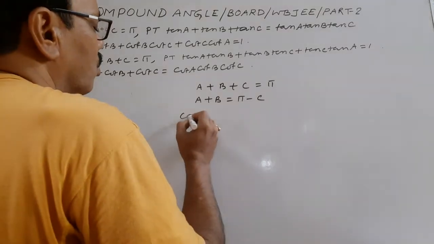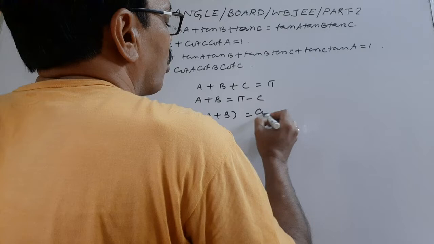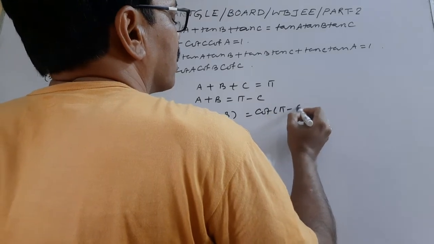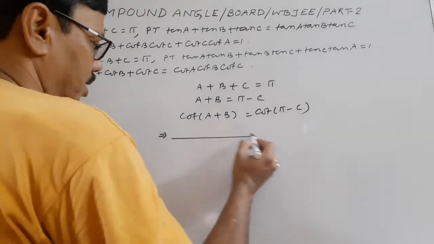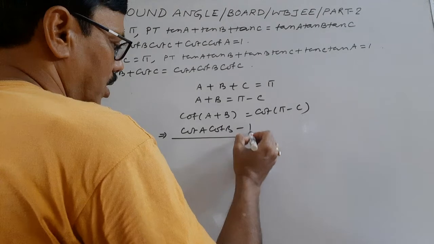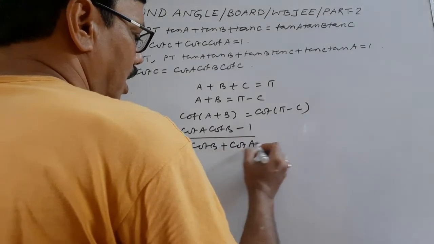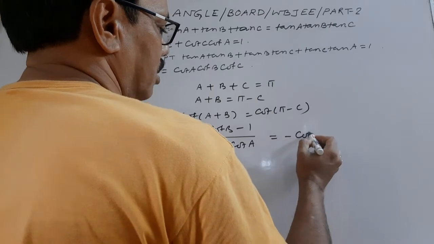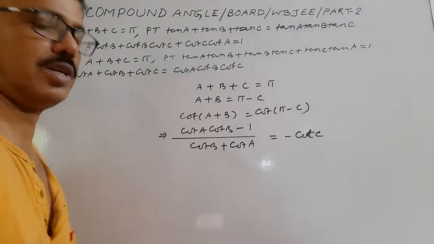Take cot on both sides: cot(A+B) = cot(π − C). Now the formula of cot(A+B) is (cot A cot B − 1)/(cot B + cot A). And cot(π − C) is −cot C.